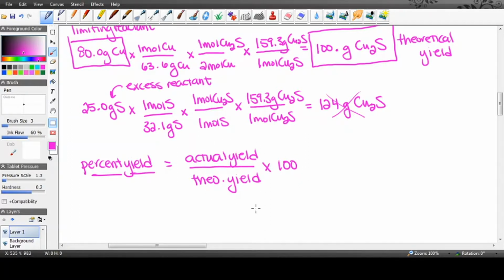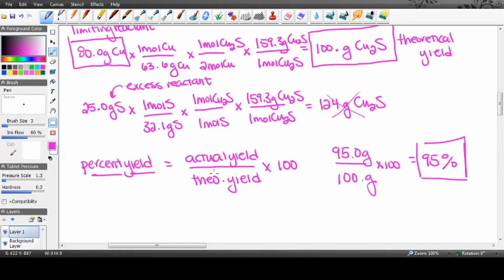So of course we want percent yields to be high. Okay, this is not percent error. This is a proportion of how much we got versus how much we should have gotten. So in this case, we actually got 95 grams. We were hoping to get 100 grams. So we got a 95% yield in this case, which is pretty good.